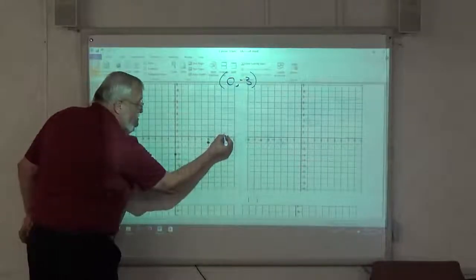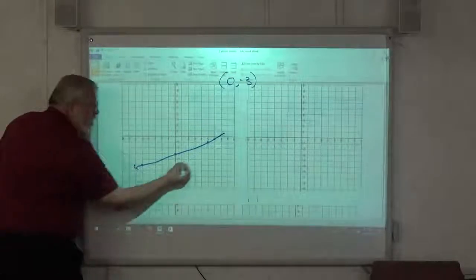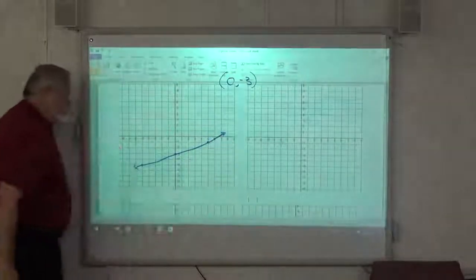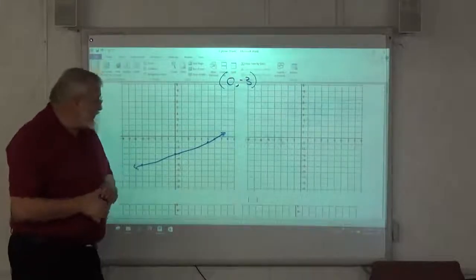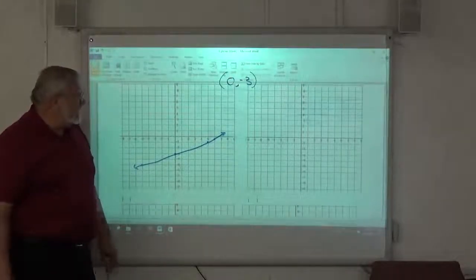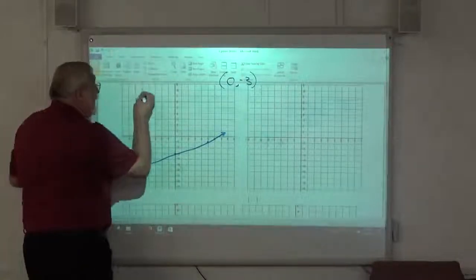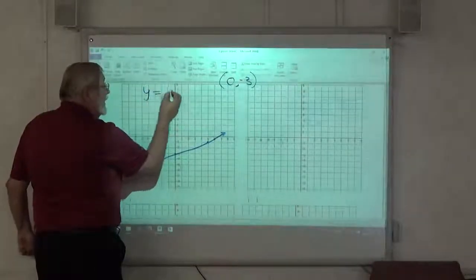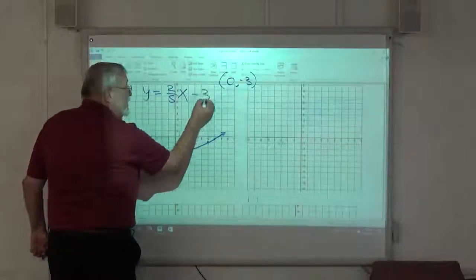And then we would have the arrows on the end. And hopefully you would do that with a straight edge. Okay? All right, so from slope-intercept, we have y equals 2/5 x minus 3.